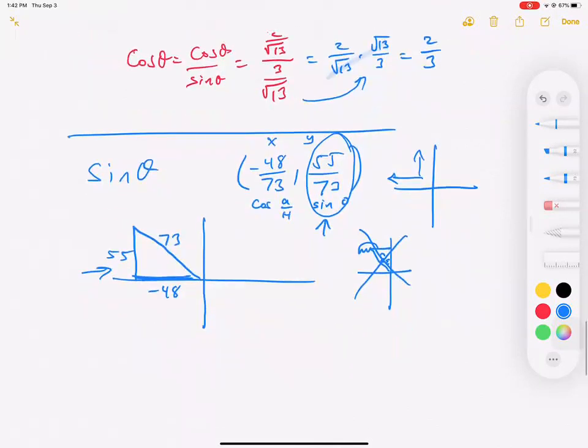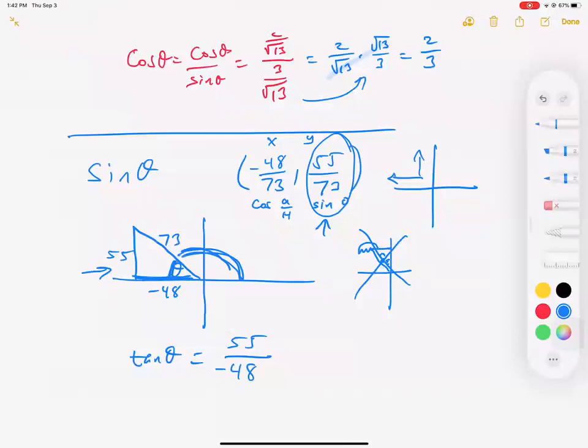Well, what if I ask you, what is the tangent of the triangle? That's opposite over adjacent, where theta is this corner here, right? It's going to be 55 over 48. This is our reference angle that we're using. This is the angle of theta, but we're going to use our reference angle in the corner.